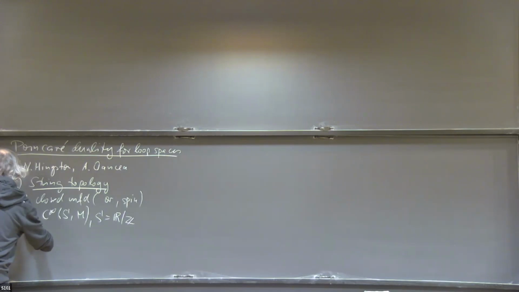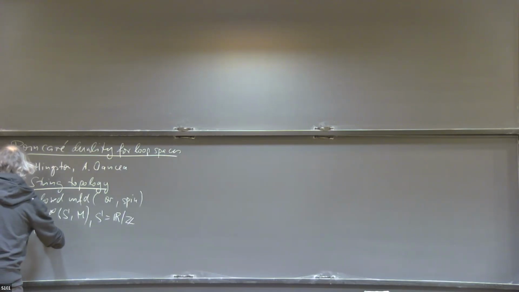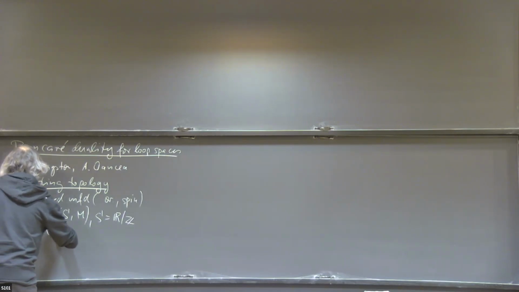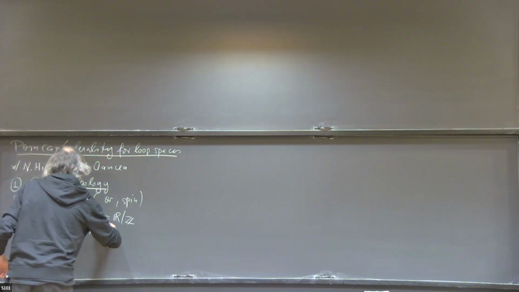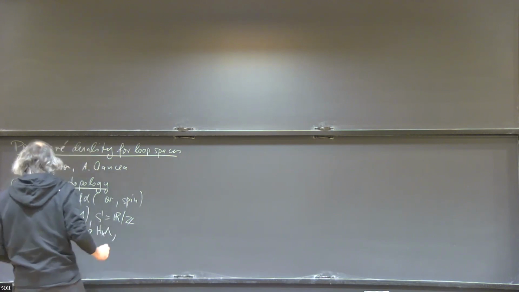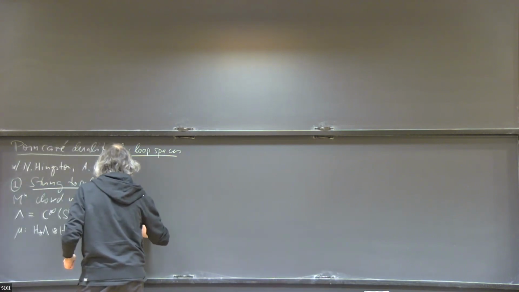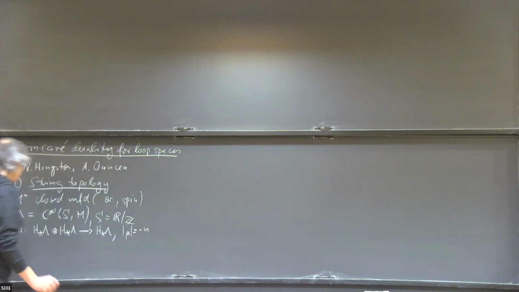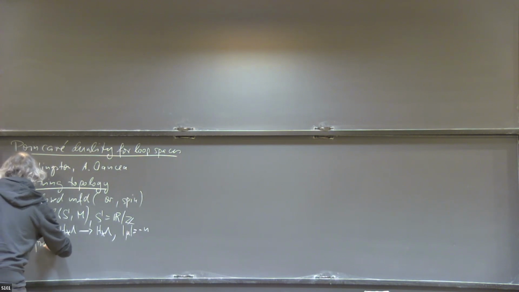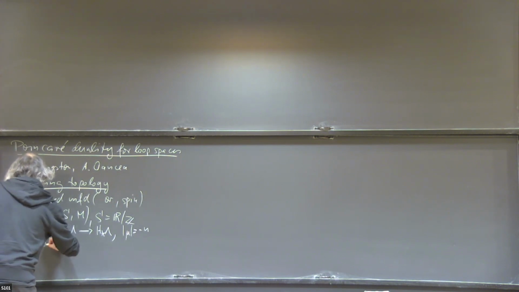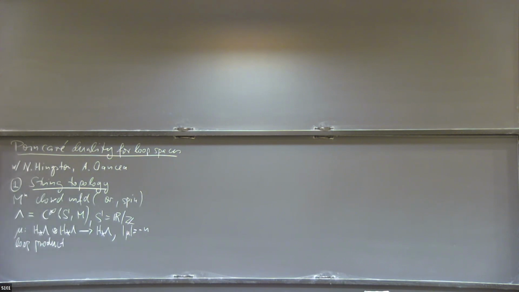So there's a product which has degree -n, and that is a so-called loop product. And that is doing the following.